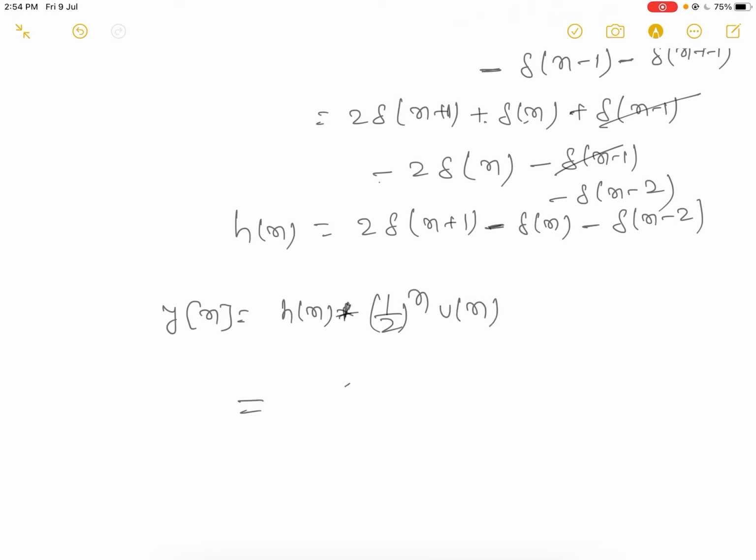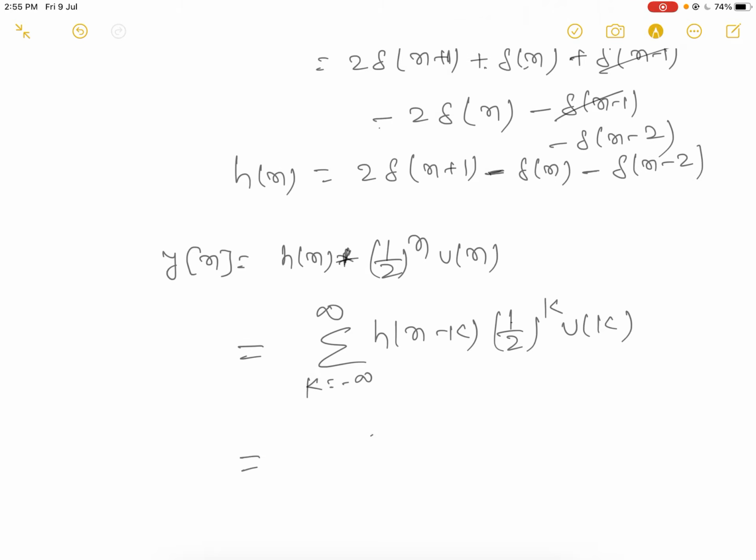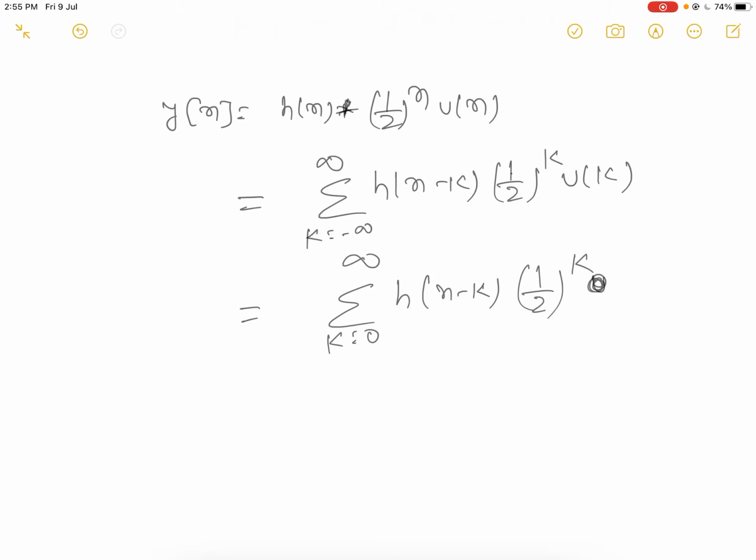We know the formula: the sum for k from minus infinity to plus infinity of h[n minus k] and half to the power k u[k]. Here, because of the unit step, it is defined for k from 0 to infinity, h[n minus k] and half to the power k only.